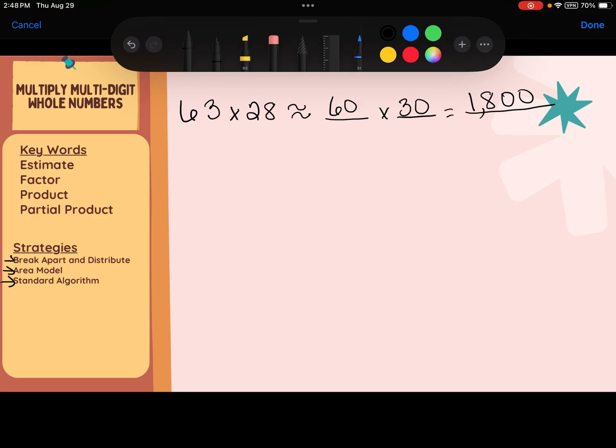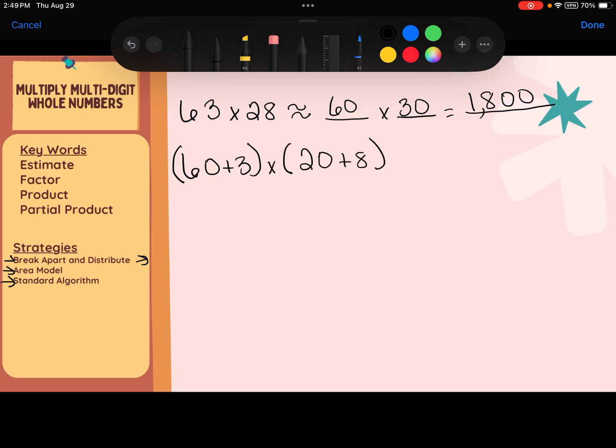So for break apart and distribute, I'm going to look at this 63 as 60 plus 3 times, and then I'm going to take the 28 and break it apart as well, 20 plus 8. From here, I'm going to go ahead and distribute it.